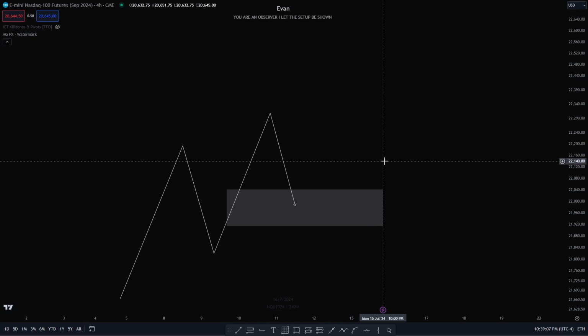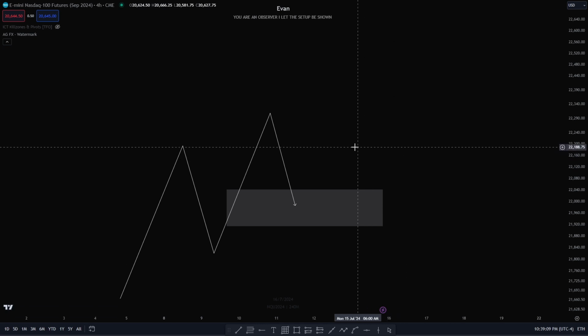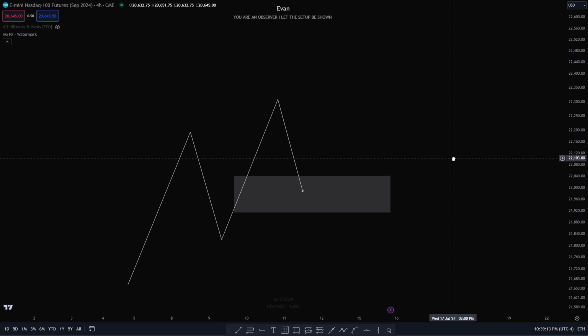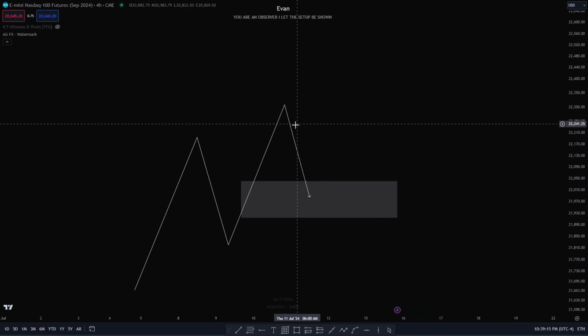And how does the market move? It moves from internal to external to internal to external every single day, right? So when price comes down to internal range liquidity right here, we can expect it to retrace back up to here.